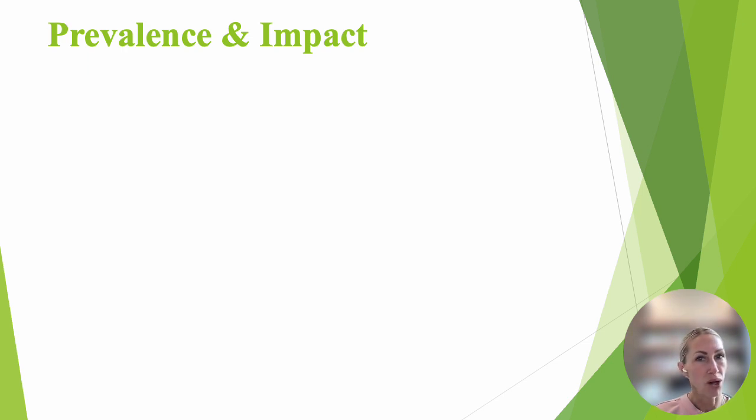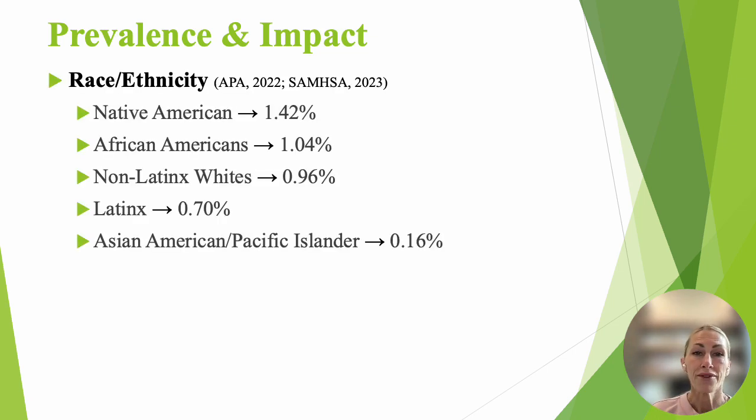OUD does not affect all racial and ethnic groups equally, and access to treatment remains a significant challenge. Data from the American Psychological Association and the Substance Abuse and Mental Health Services Administration highlight both the prevalence of opioid use disorder and the disparities in care.